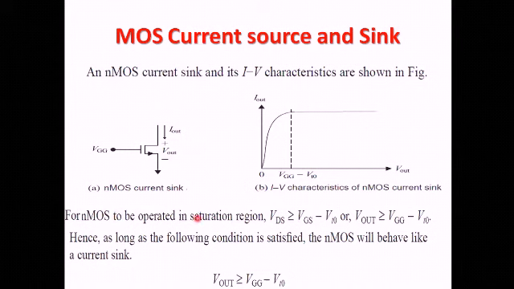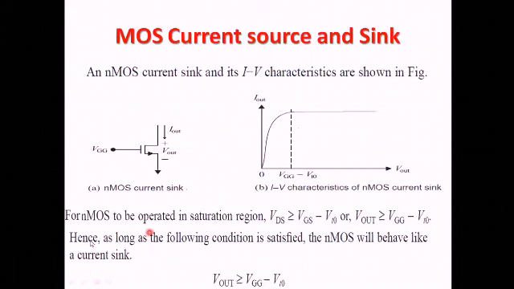Now for the NMOS current sink to be operated in the saturation region, VDS is greater than or equal to VGS minus VT0. That is, Vout is greater than VGG minus VT0. This is the point.